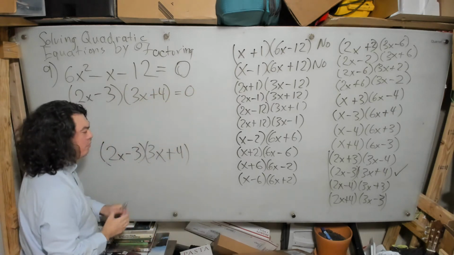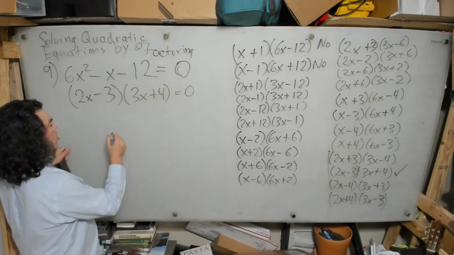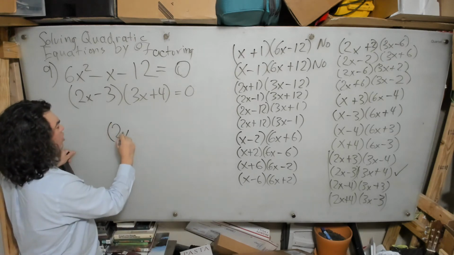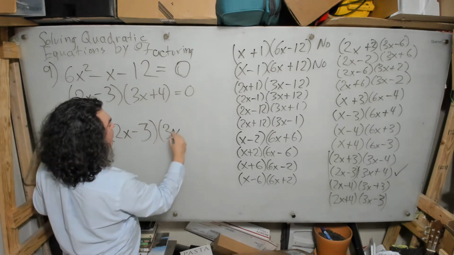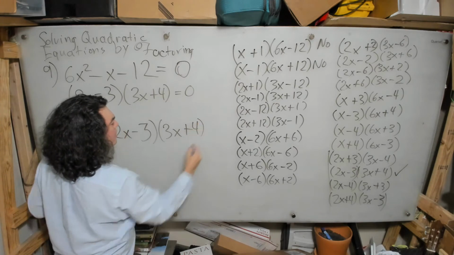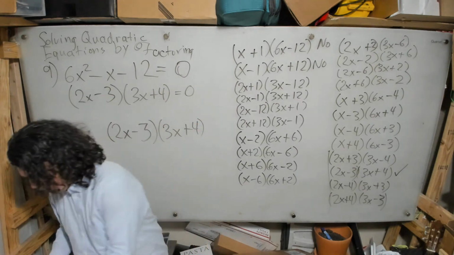Now I also want to do something else before we proceed. I want to multiply these two terms out so I can verify for you that this is in fact the factorization. Let's do that together.